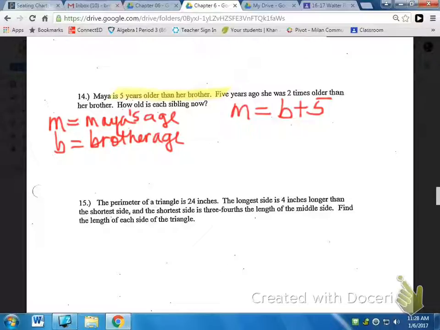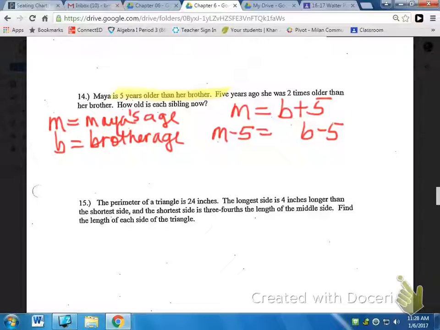But the problem is, now we got to talk about 5 years ago. That's a problem. So what we've got to do is take Maya's age and subtract 5 from it, and then take her brother's age and subtract 5 from it.